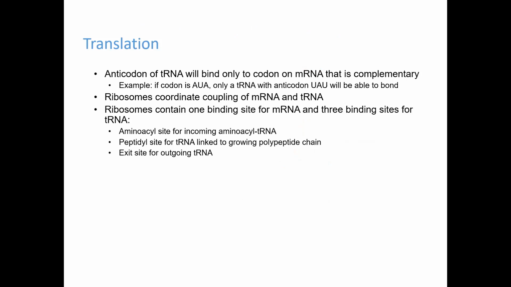And so within the ribosome, the transfer RNA will bring in the amino acid. The anticodon on the transfer RNA will bind with the codon of the messenger RNA and bring in that specific amino acid just for that anticodon.